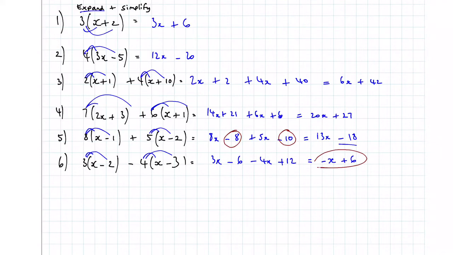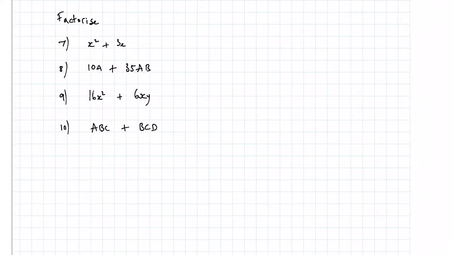On to question 7. Got some questions about factorising. That's the opposite of what I was just doing. What's in both bits? Well, there is an x in here and in here, so I'm going to put x outside, leaving x plus 3 on the inside. On this next question, we've got some students in the class that have partially factorised. You've got to look for the biggest number you can think of, which is 5. That's in both parts. And also a is in both parts as well.